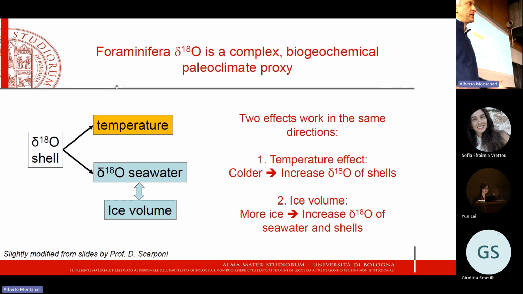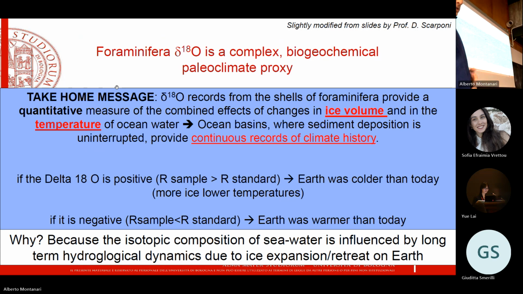This is just a recap. Basically, when we look at the concentration of oxygen isotopes in the shell, we get information about ice volume and information about temperature, which allows us to reconstruct the conditions at that time. This is our take-home message.